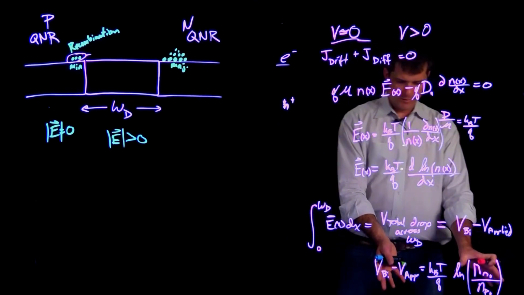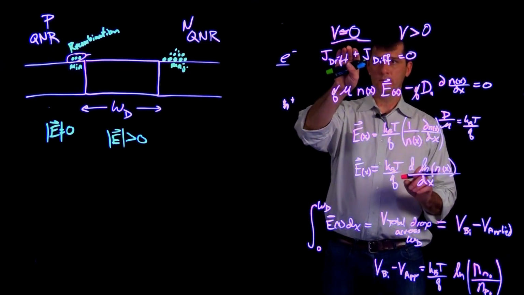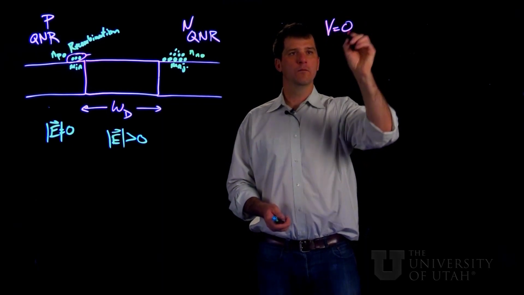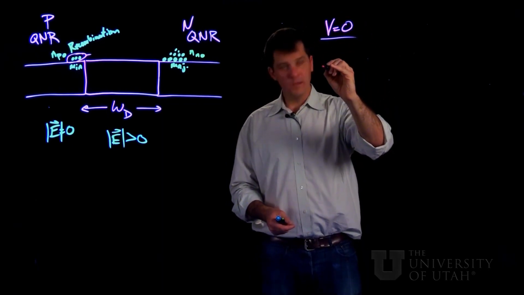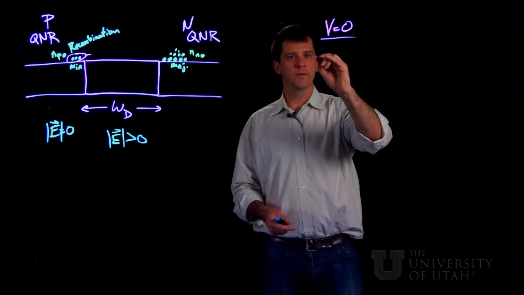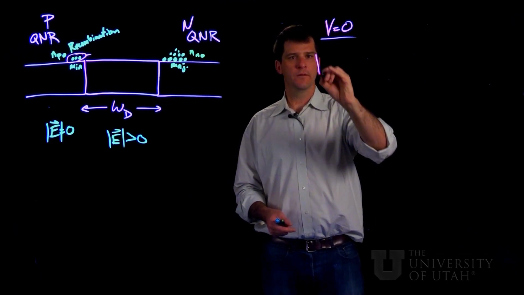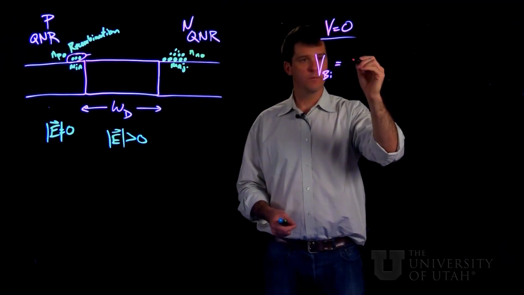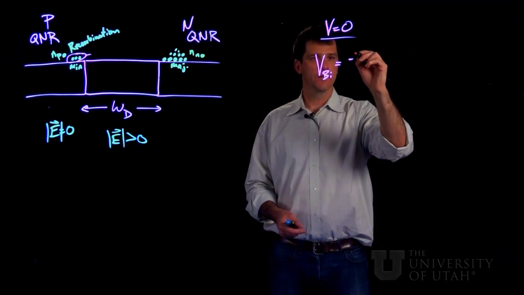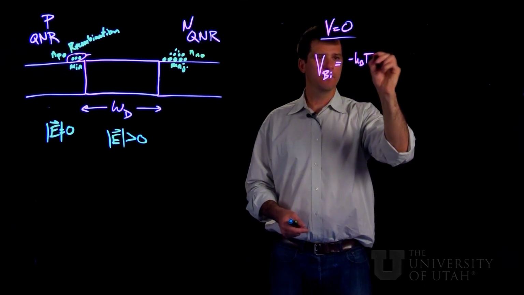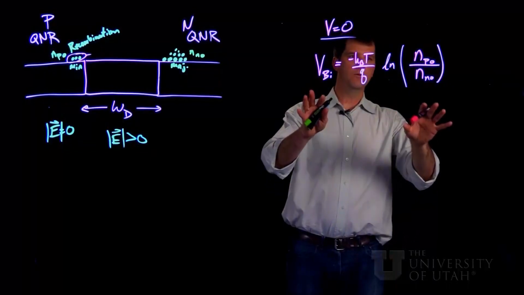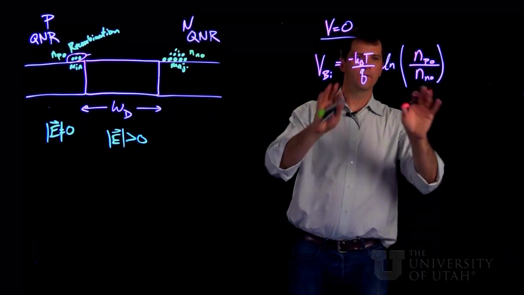So again, this is the expression for zero bias. For our case of zero applied bias, let's go back here for a second. We can see that the built-in voltage is given by negative kBT over q times the logarithm. With no bias applied, this holds.